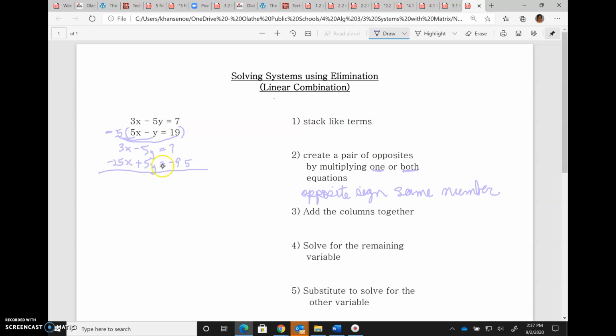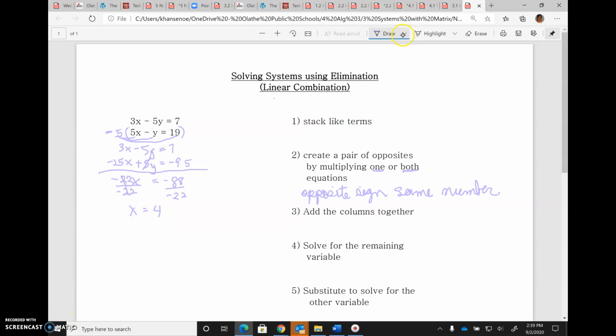Now I'm going to combine those, so I get negative 22x. This cancels, equals negative 88. I divide by negative 22 and I get x equals 4.